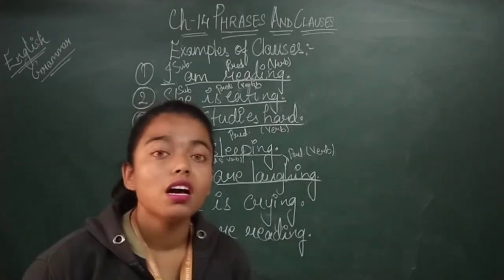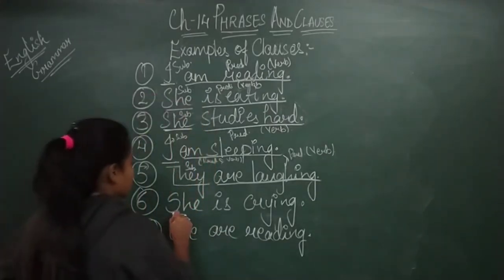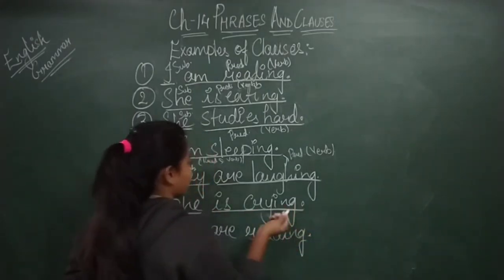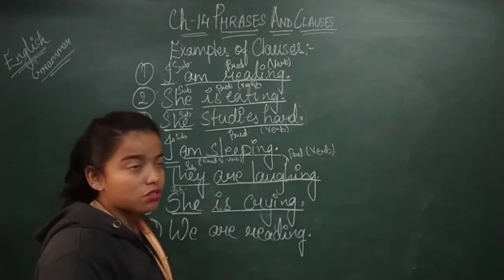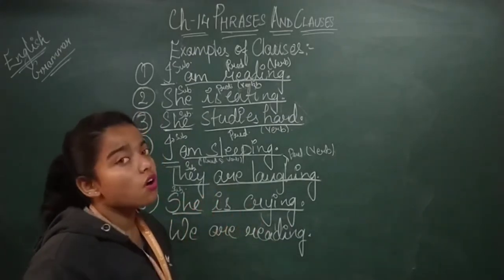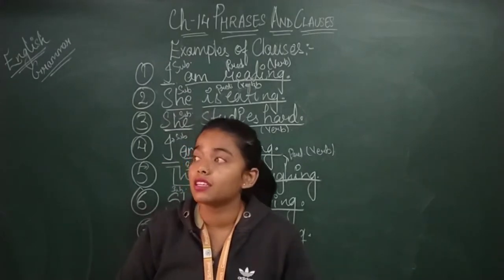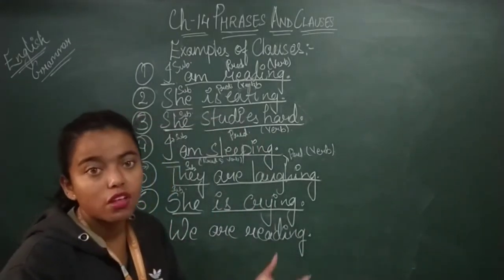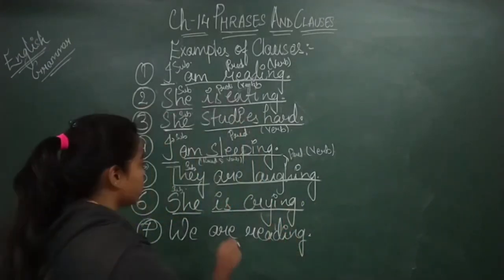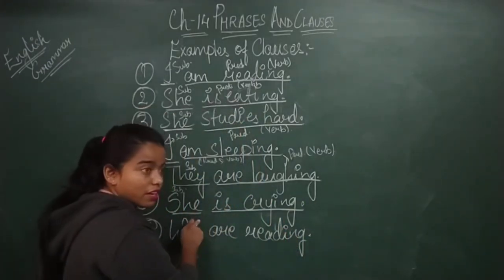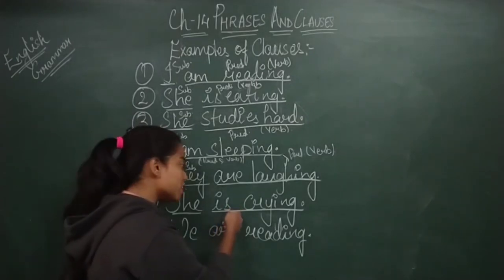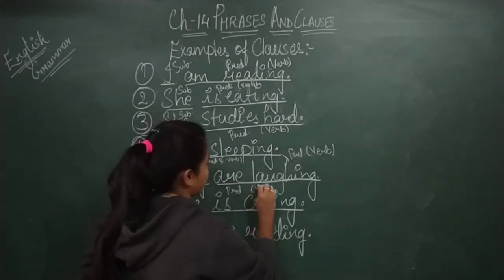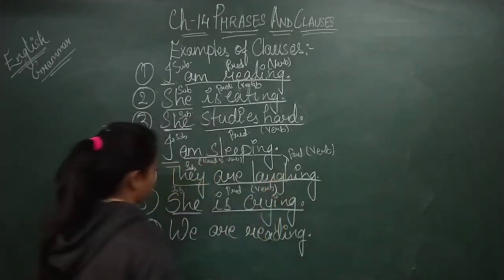So she is again my subject, students, and is crying is its own predicate also. Each sentence has its own subject and its own predicate, so they are known as clauses. It is a predicate also, student, and a verb also.